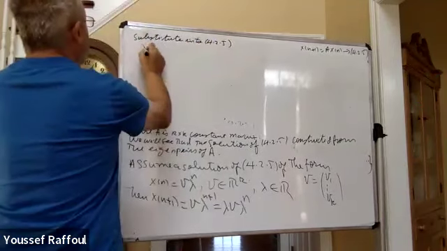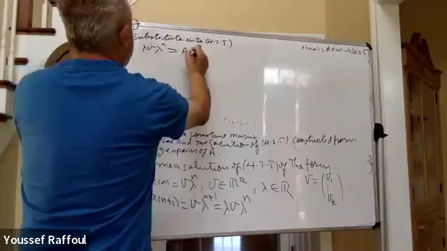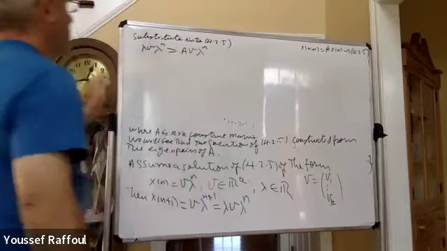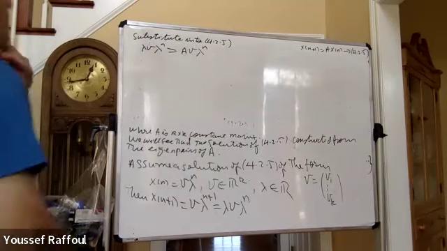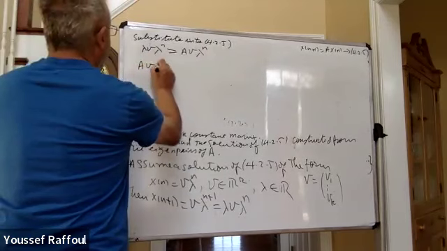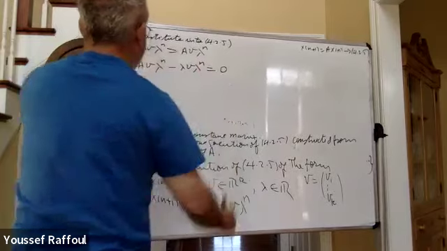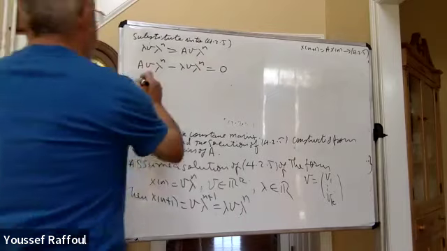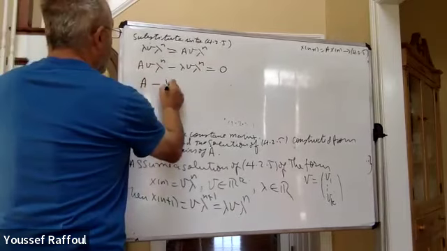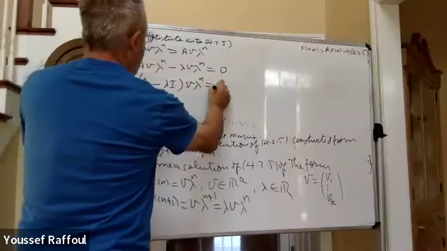And then we get lambda v lambda^n equals A v lambda^n. Correct? That is A v lambda^n minus lambda v lambda^n equals 0. So this is (A minus lambda I) v lambda^n equals 0.